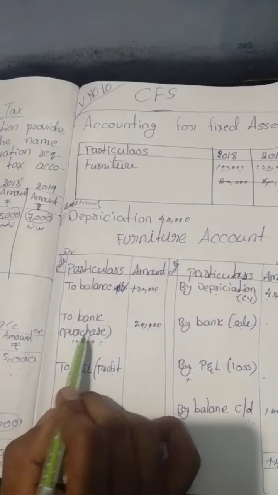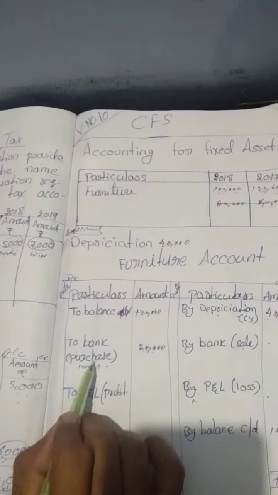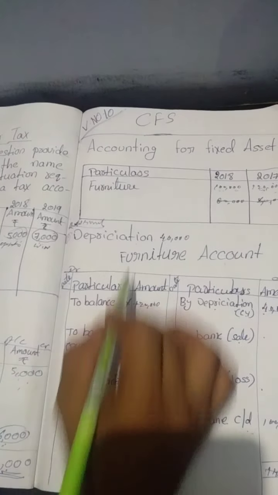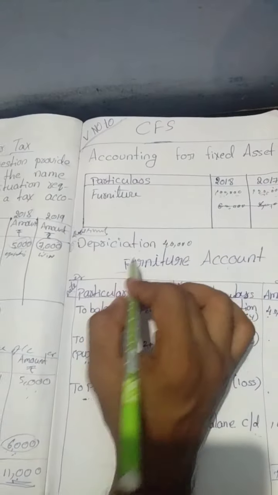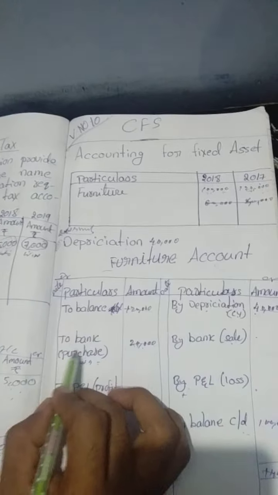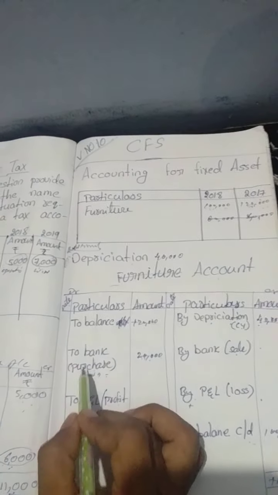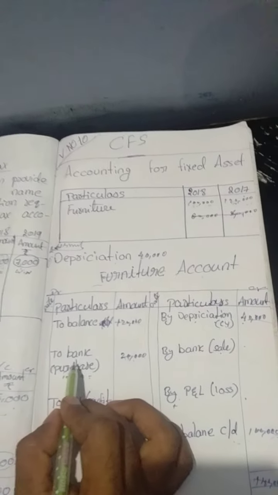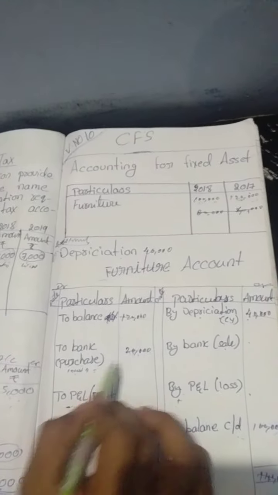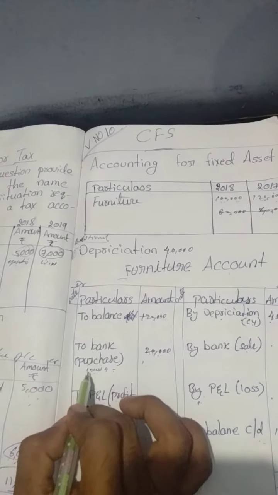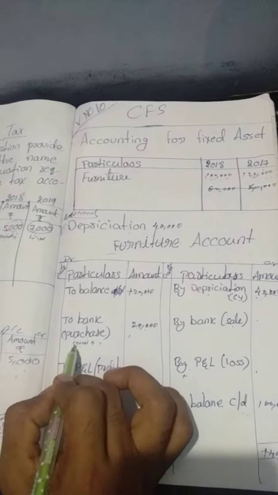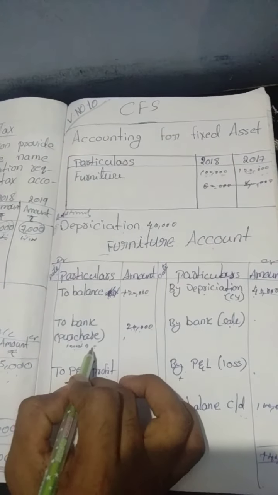This means that if there is a purchase of any asset, ignoring furniture, consider it a fixed asset. If any fixed asset is purchased, we have to consider it in the investing activity. We have to reduce that much amount from investing activity.